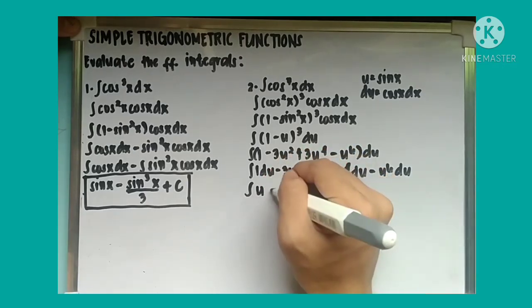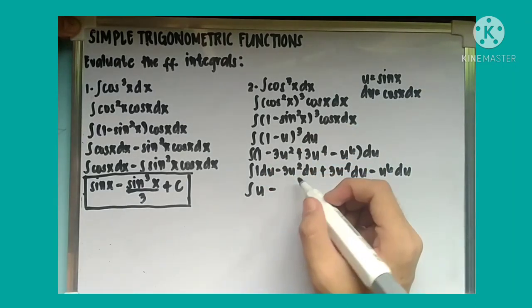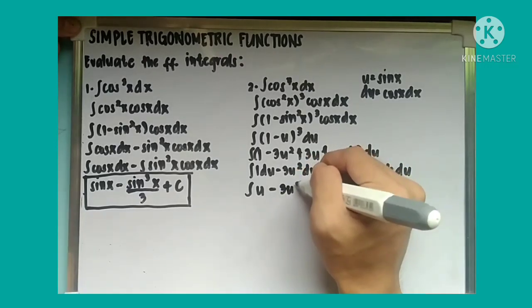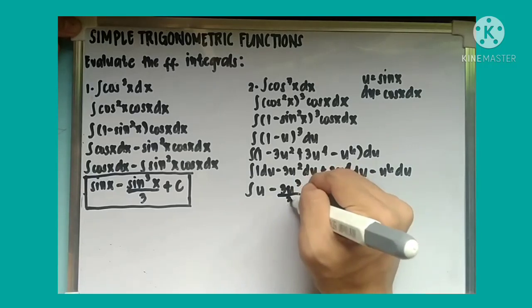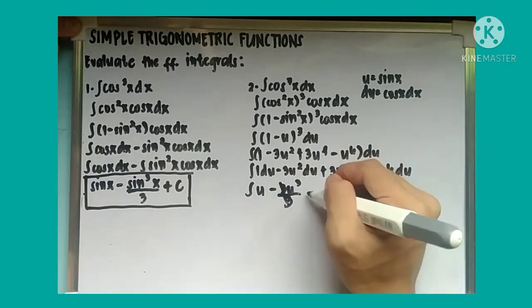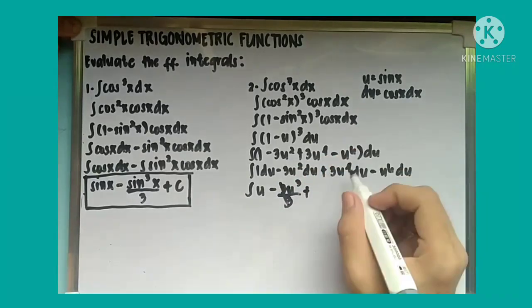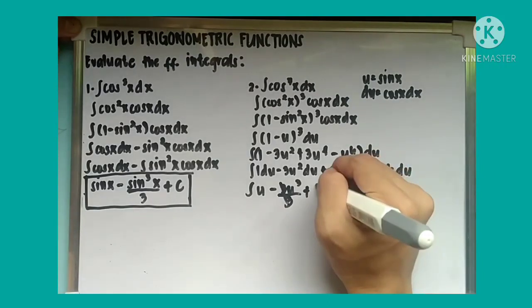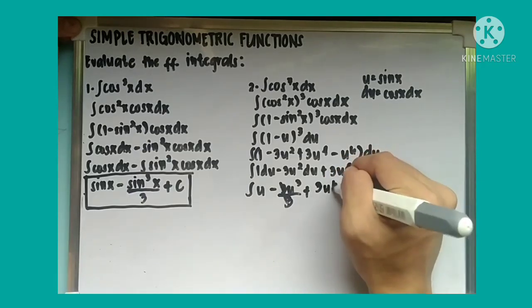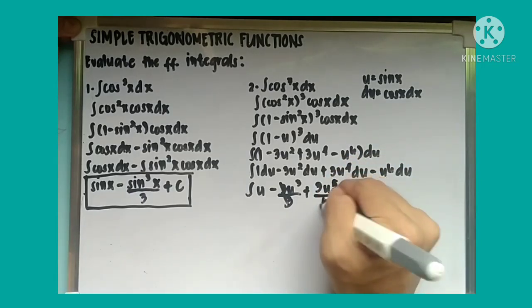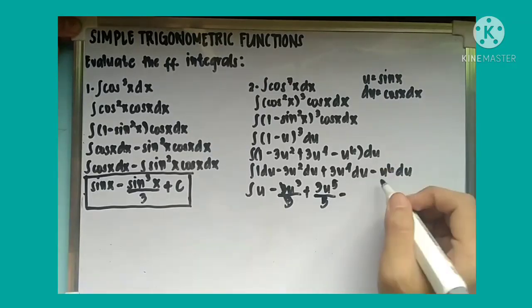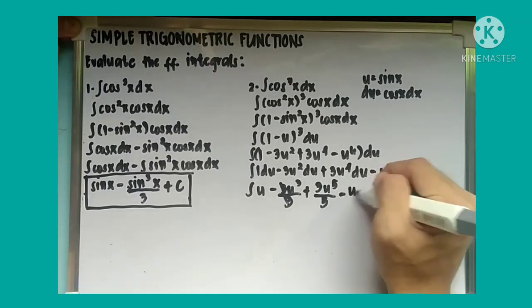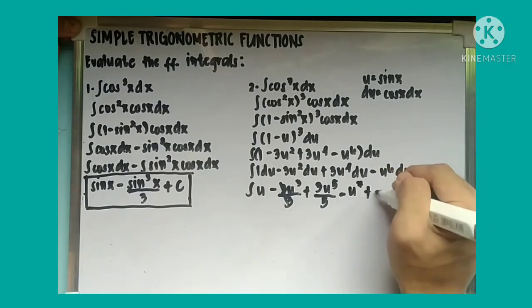So u minus the integral of 3u squared du is equivalent to 3u cube over 3. So makakancel to. And then the integral of 3u raised to 4 du is equivalent to 3u raised to 5 over 5 minus the integral of u raised to 6, which is equivalent to u raised to 7 plus c.